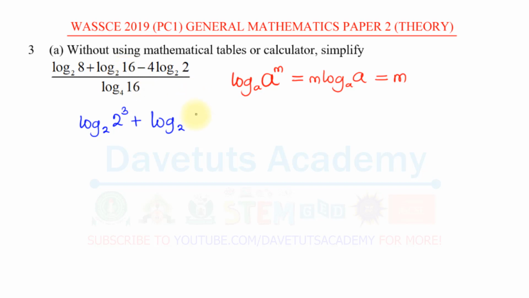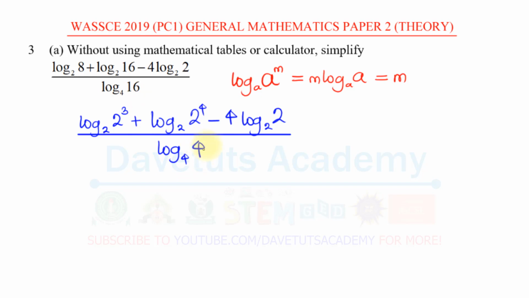Then minus 4 log to base 2 of 2. Then we have all of these being divided by log to base 4 of 16, and 16 itself is 4 raised to power 2.